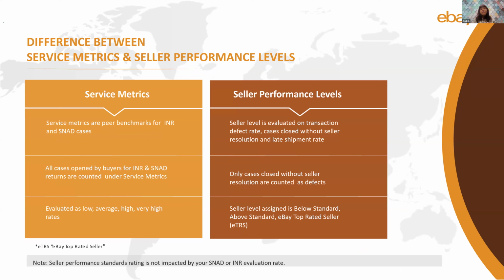Service metrics are calculated for all cases opened by buyers for item not received and significantly not as described, as we call them INR and SNAD returns, counted under service metrics. Whereas under seller performance level, only cases closed without seller resolution are counted as defects.